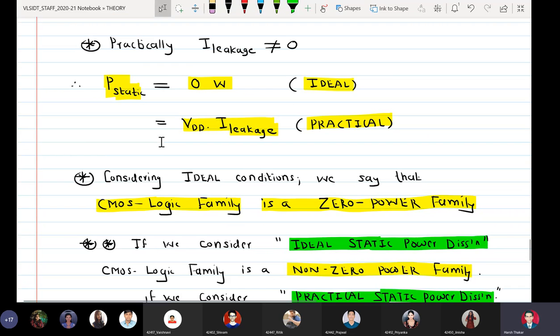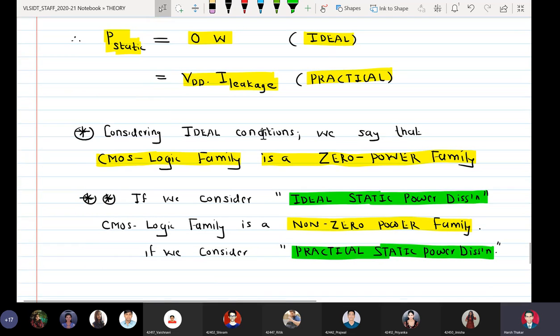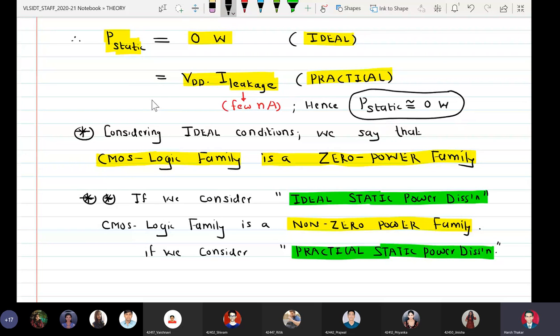Understand the leakage current is very less. Okay, so we can put a comment here that leakage current is few nanoamperes, hence P static is almost equal to 0 watts. Okay, why?